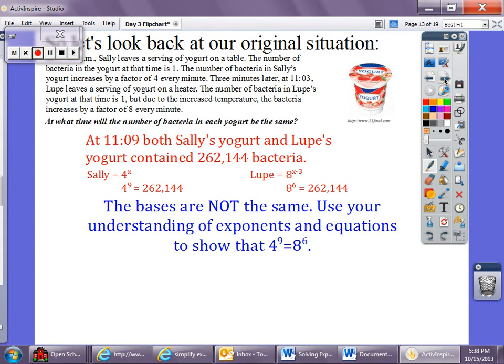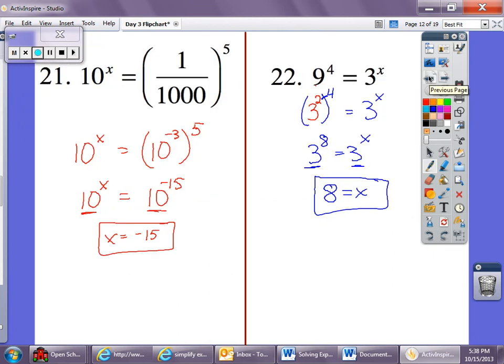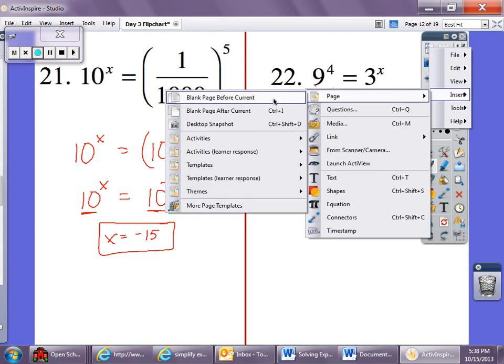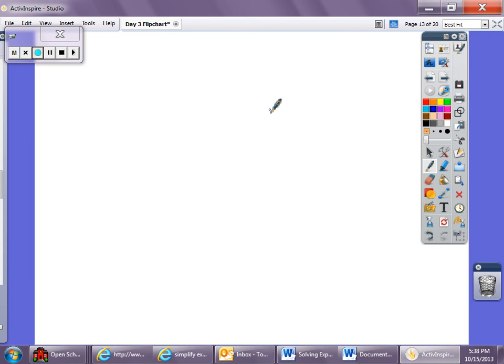Then we get to 23 and 24. So we'll just quickly do 23 and 24. So 23 says 7 to the 2x minus 4 equals 7 to the 9 minus 2x. Well, these bases are the same.